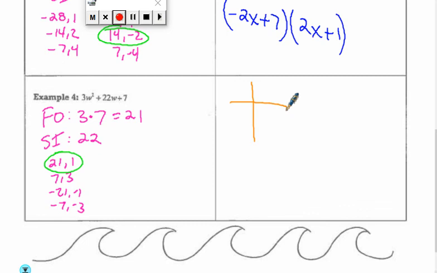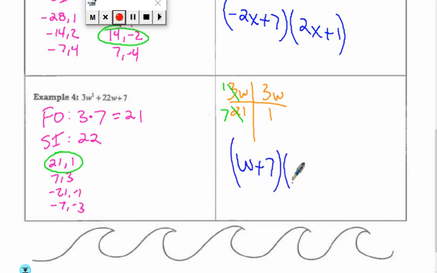So I'm going to write a 3w, and I have 21 and 1. So when I go to divide, I'm going to have a 1w on top, and 7 down below, giving me my final answer of 1w plus 7 times 3w plus 1.